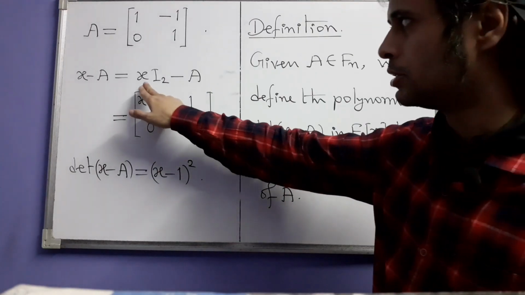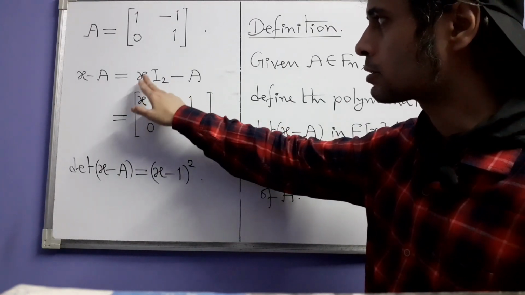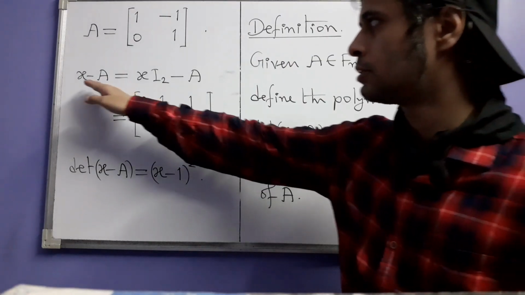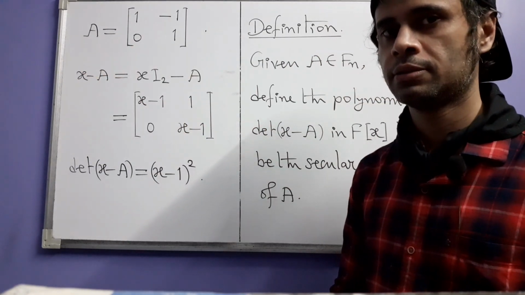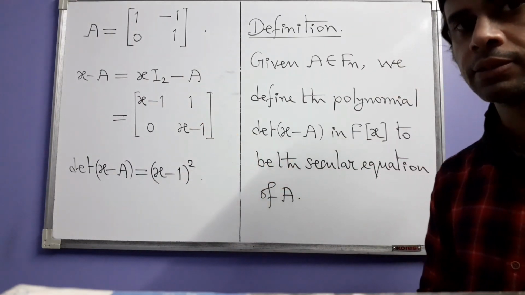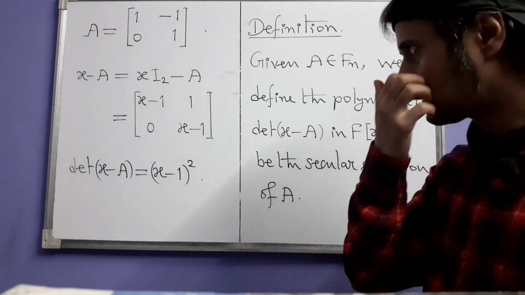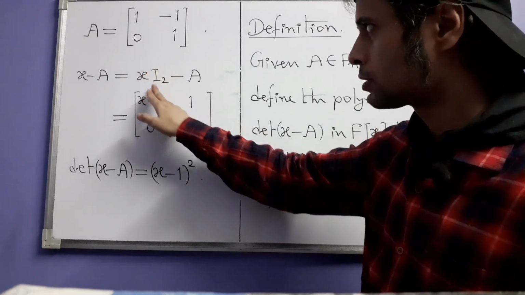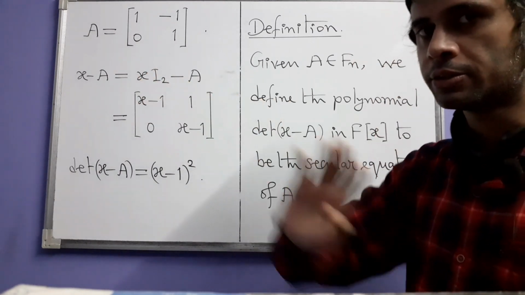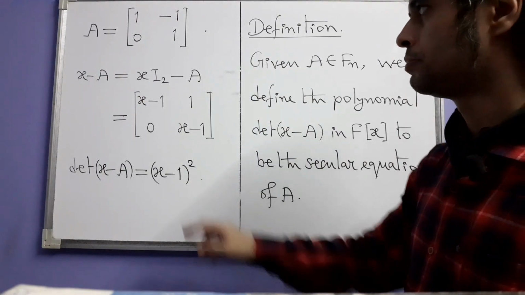Instead, what it really means is this: x times the 2 by 2 identity matrix is what we mean by x. Instead of every time writing x I2, we just simply write x, and from context we understand what the size of this identity matrix is. Here A is 2 by 2, so that is also a 2 by 2 identity matrix.